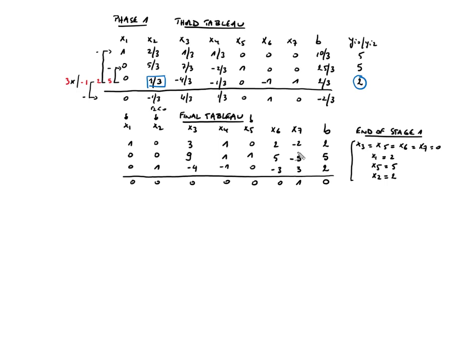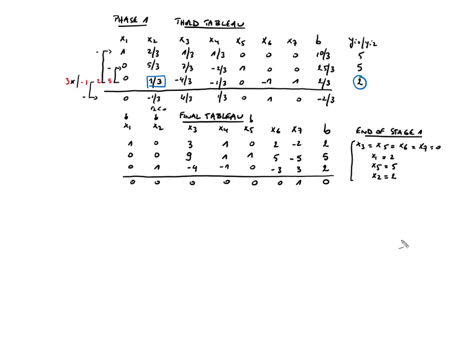The other variables are non-basic, and you can set them to 0, and you can read the solution in the tableau. x1 is equal to 2, x2 is equal to 2 as well, and x5 is equal to 5.